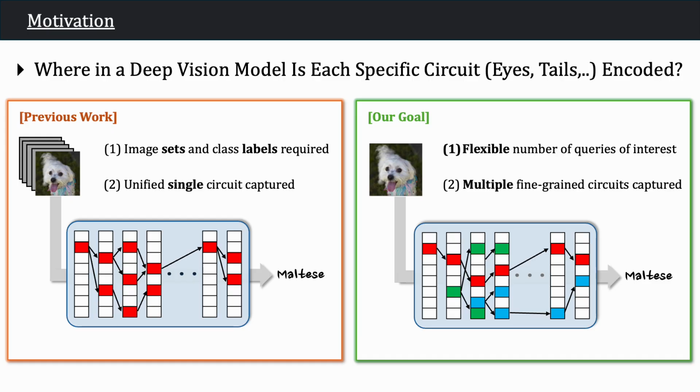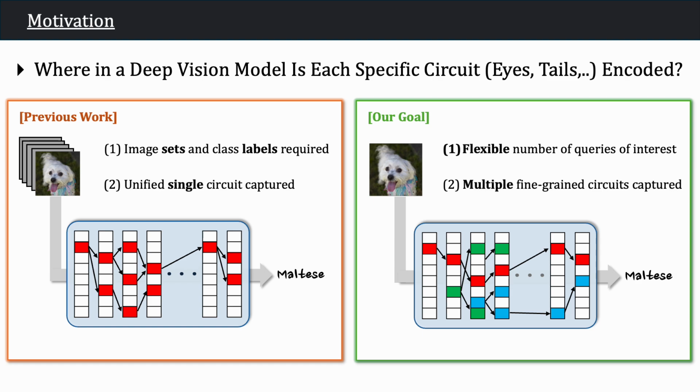However, in the vision domain, most existing studies identify circuits that represent an entire class or a set of images rather than a circuit for a specific fine-grained concept. This is largely because visual models do not come with explicit concept-level labels.